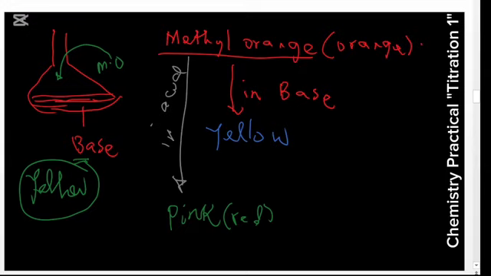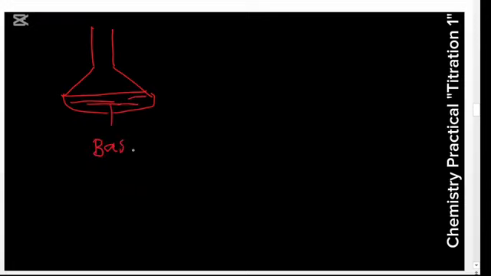Now if it were to be phenolphthalein, let's see what happens. We have conical flasks here, and you have the base in here, and you are adding phenolphthalein. What happens?